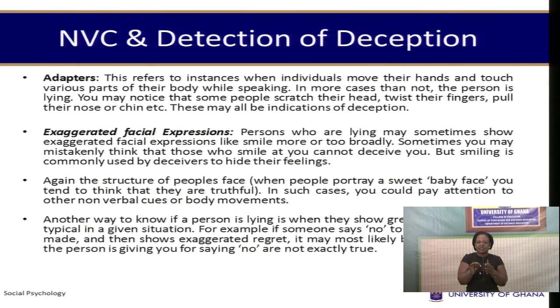People do these things when they are nervous, and these are adapters. If you see people exhibiting too many adapters, then you should question why that is happening. There may be some element of deception.